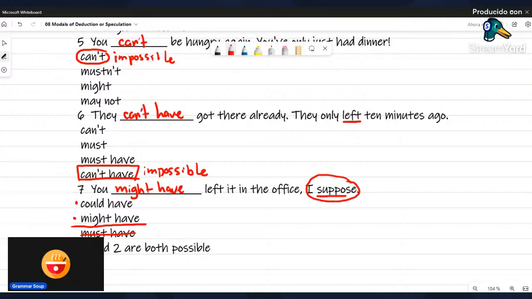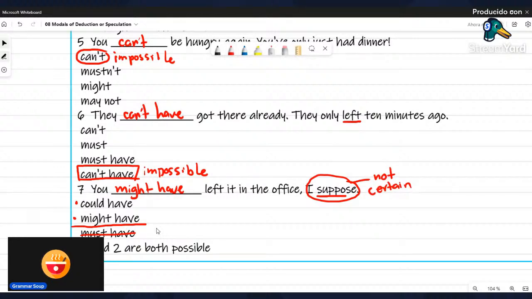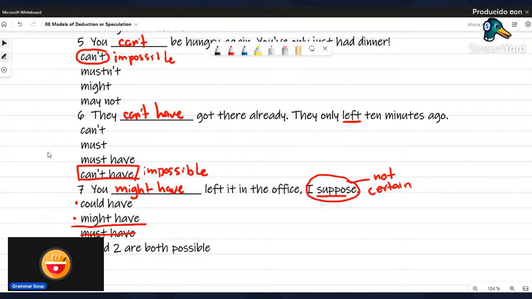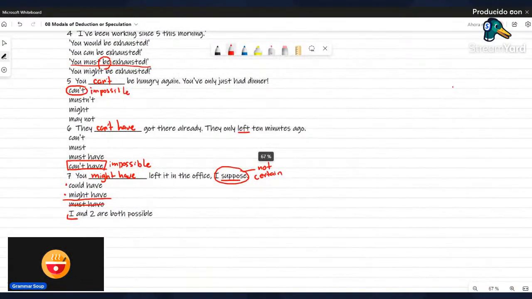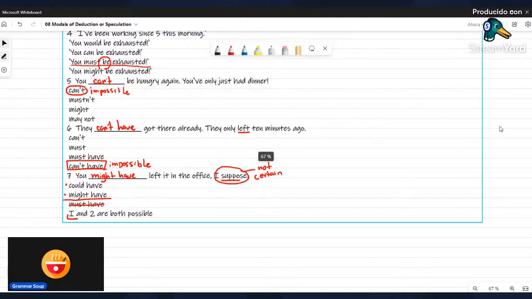This expression here is telling me that it is not certain. You are speculating, right? Okay, well, I hope you guys have got all of them right. And well, let's continue with the next topic. So I hope you can start making speculations about the present and the past, as you can see over here.